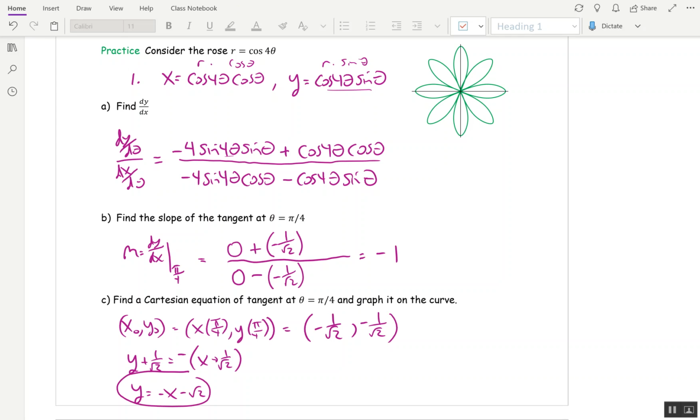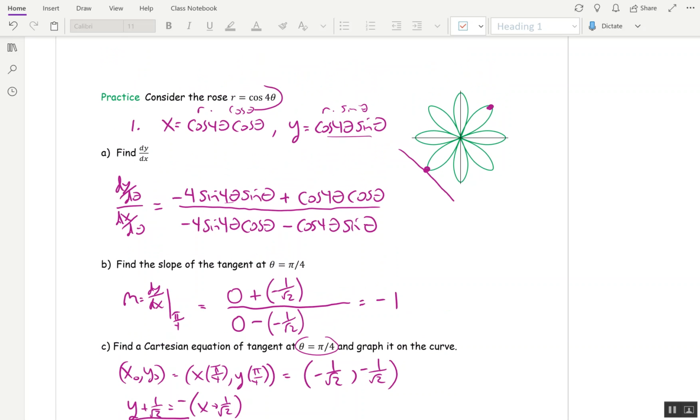All right, graph that on the curve. So the point, -1 over root 2, -1 over root 2, that's here. The slope is negative, looks like that. Now you might say, wait a minute, when theta's pi over 4, shouldn't I be up here? And that's a good question. And the answer is no, because take a look at the original curve.